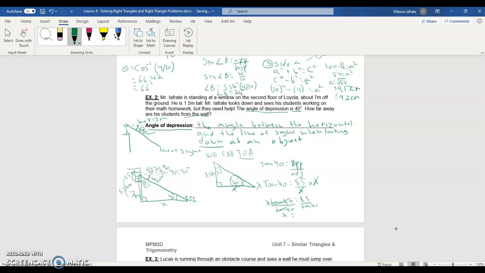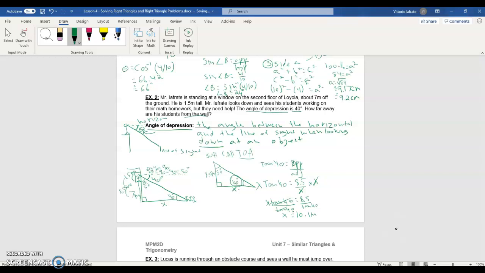So x would be equal to 8.5, make sure your calculator's in degrees mode, divided by open brackets, tan 40, close brackets. And we get about, I'm going to round to 1 decimal place, so 10.1. Let's put our little dot there to show some approximation, 10.1 meters.